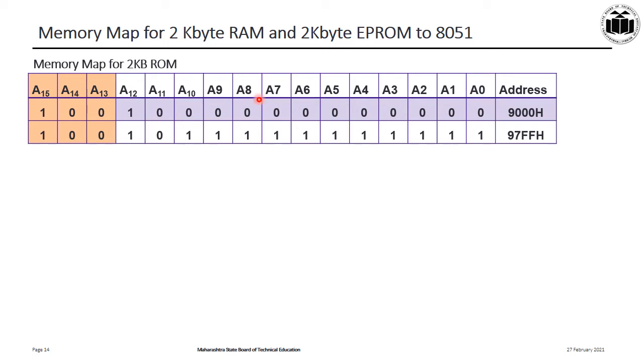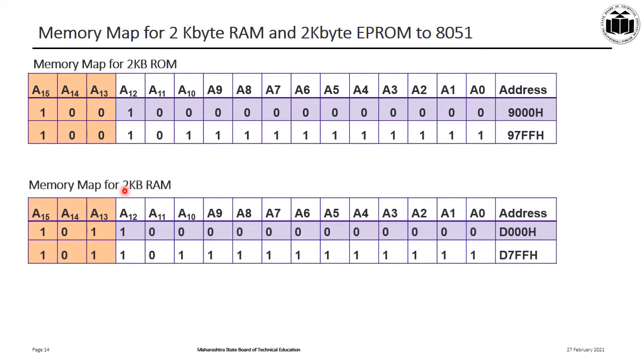We are using A0 to A10 as the address lines. So for the starting address, every bit will be 0, while the ending address will have all the bits as 1. Converting this to hex values, we have the starting address for ROM as 9000H and ending address as 97FFH.